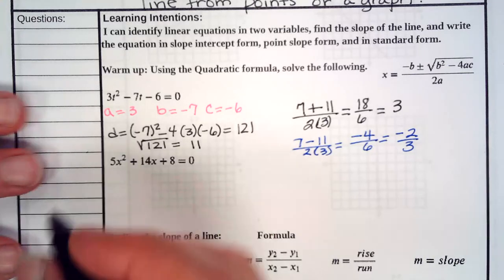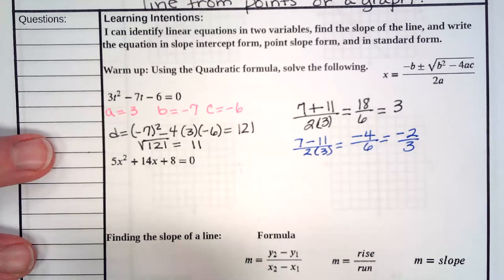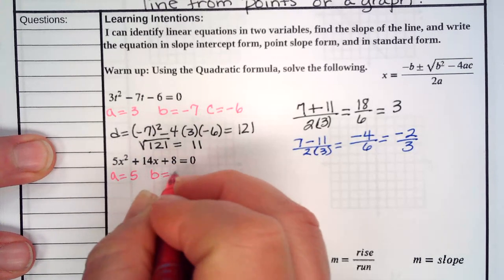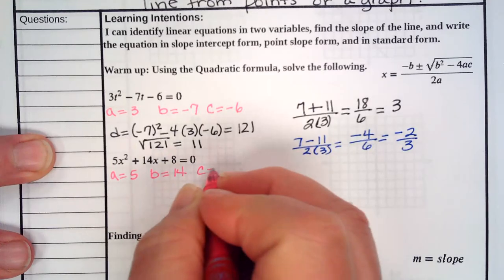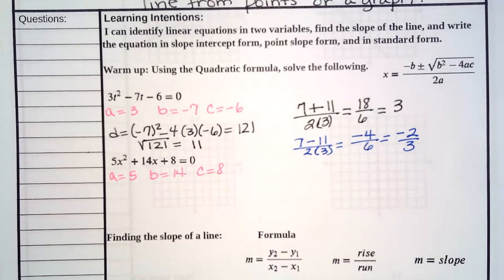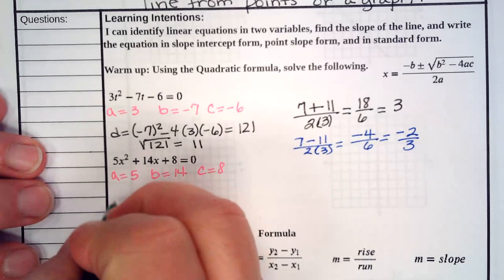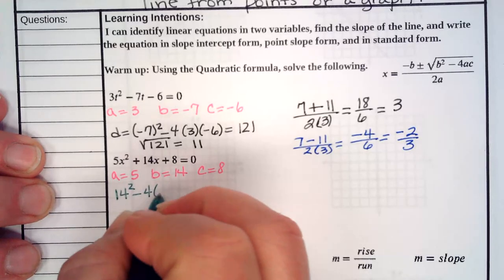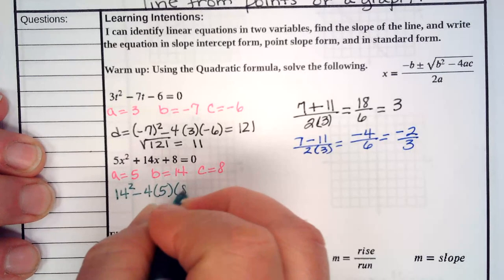Step one, find A, B, and C. I hope you tried. A is 5, B is 14, C is 8. Find that discriminant. 14 squared minus 4 times 5 times 8.